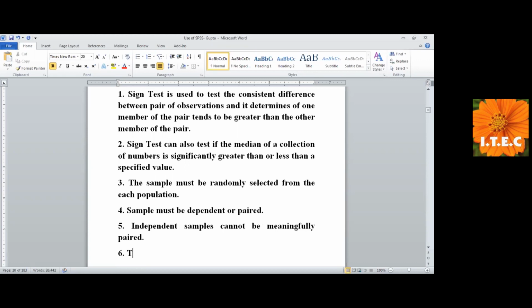Then the samples may not come from a normally distributed population.